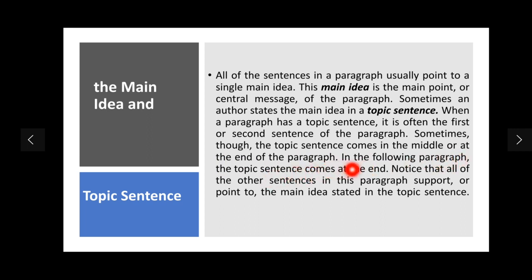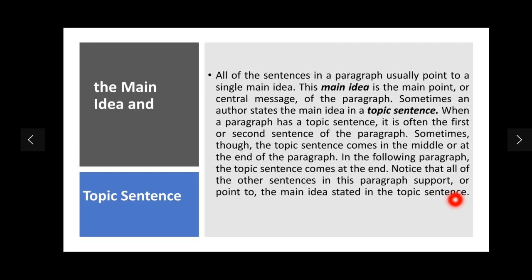Sometimes though the topic sentence comes in the middle or at the end of a paragraph, as I already told you. In the following paragraph the topic sentence comes at the end. Notice that all of the other sentences in this paragraph support or point to the main idea stated in the topic sentence. So we will have several sentences.